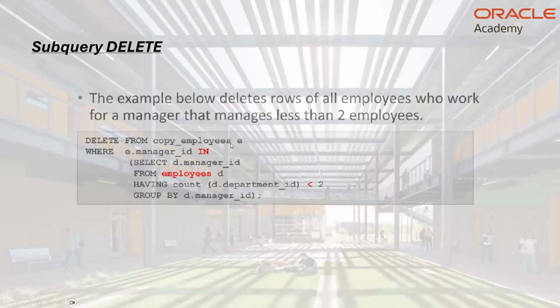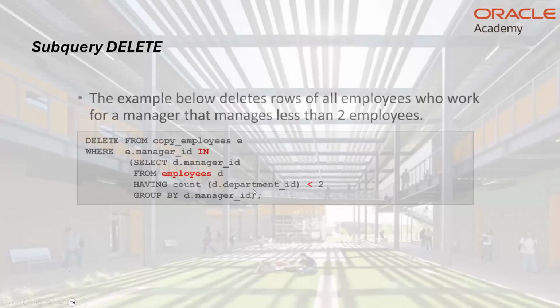So here's another example, and I'm using a copy of the employees table. I want to delete all the employees who work for a manager that manages less than 2 employees using a subquery. So delete from copy of employees where manager ID in, and then select manager ID, so that's going to be a group of manager IDs, right?